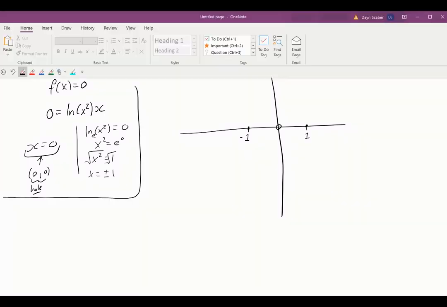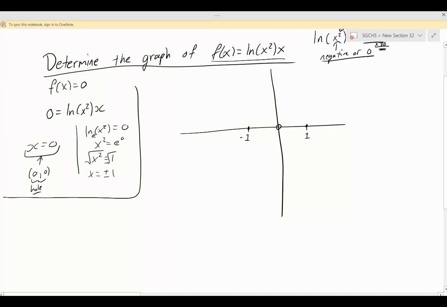Now we have to find the maximum and minimum values. In order to find the maximum and minimum values of this equation, we have to find our first derivative. So let's start finding our first derivative of f(x) equaling the natural log of x squared times x.